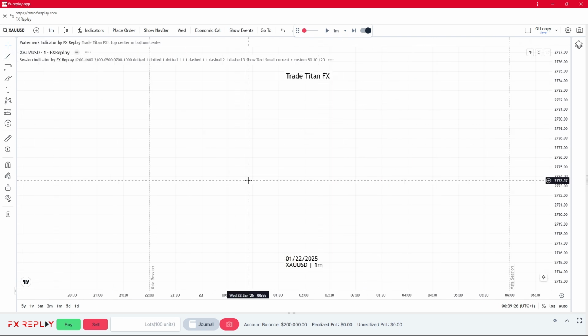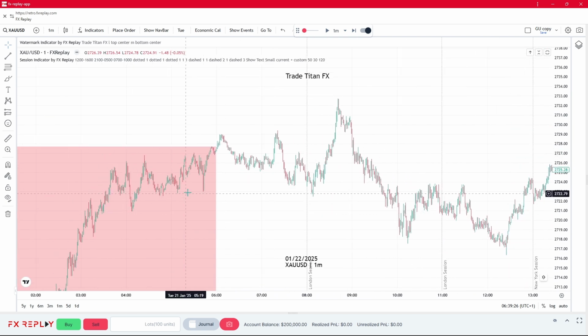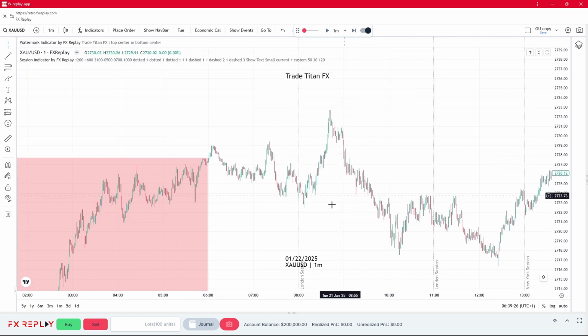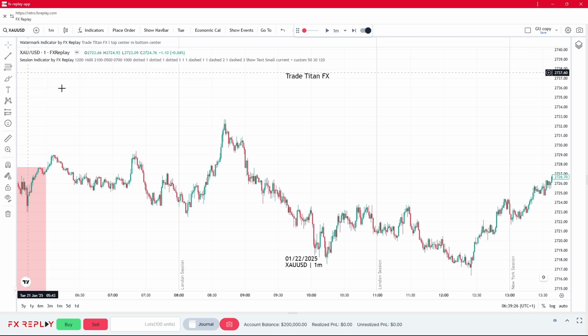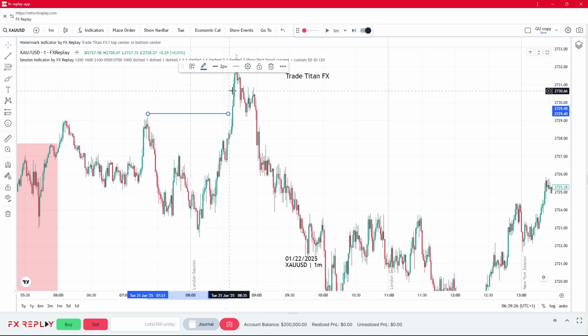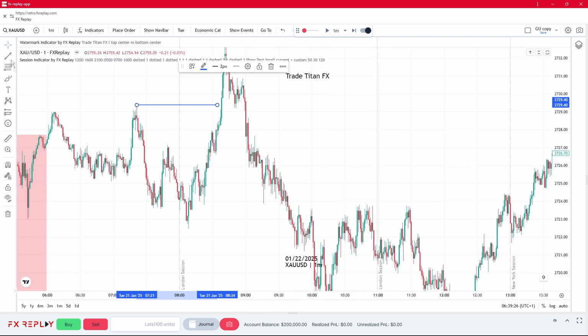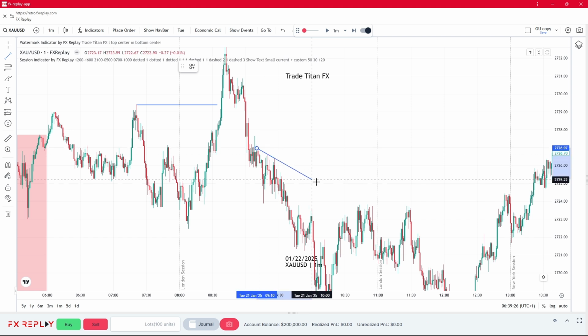Let's go into the 1 minute. Let's make this nice and neat here, okay? So we took Asia, we took pretty much Asia high and Frankfurt here. Markets can start turning around now. The only thing that you guys need to do is obviously wait for the build up.